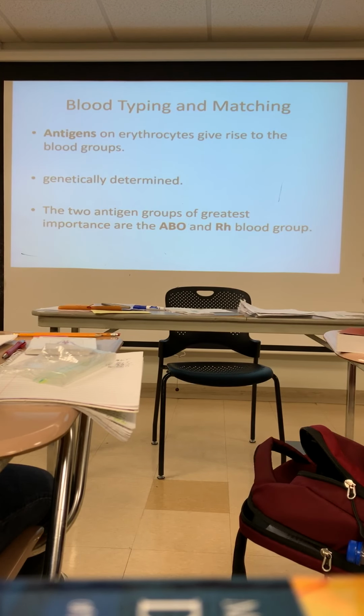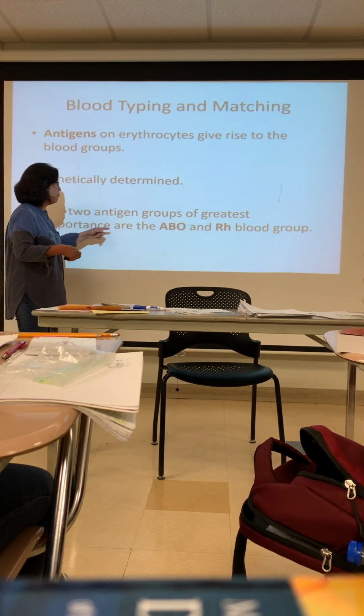A type A person will have these antibodies in the plasma, and a type A person must have this kind of antigen. So in other words, antibody and antigen must be the same in a person. Different kinds of antibodies given to another person, which is not compatible, is very fatal to the person. So that's what you call the compatibility issue of blood typing and matching.